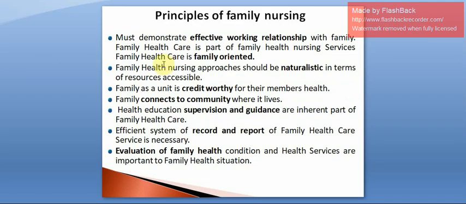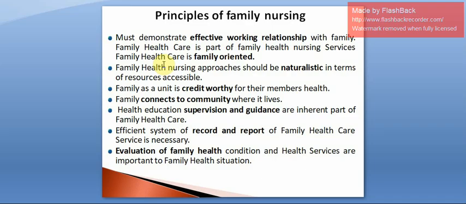Next is principles of family nursing. So first of all, family nursing is family oriented. It is not individually oriented, it is family oriented. So always consider the family as a whole, and along with that you have to provide with natural resources. The help should be provided with all the natural resources. See that you are having a good effective working relationship with the family.